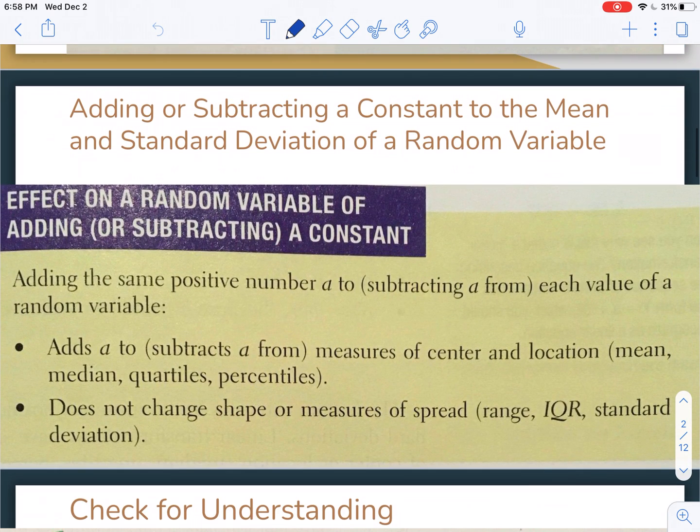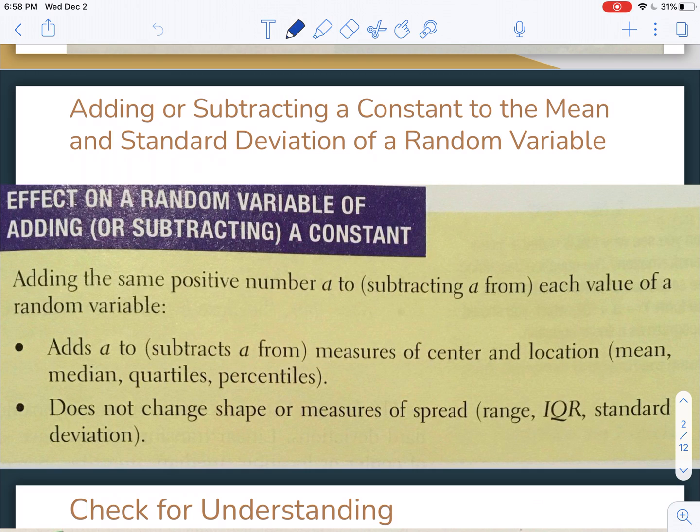All right, then if you add or subtract a constant to the mean and standard deviation, the exact same rules again as chapter 2 apply, so it adds to specific values. Any measures of center, so your mean, the Q1 value, the Q3 value, your max, your min, you add that number to all of them, you add it to your median. It doesn't change your values of spread.